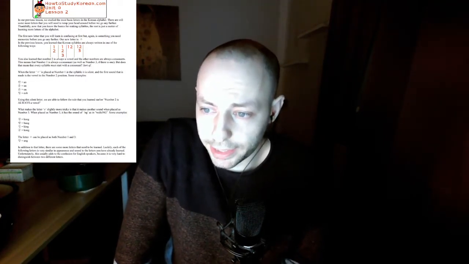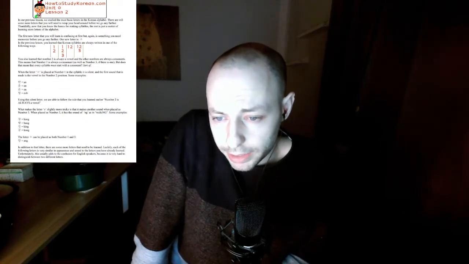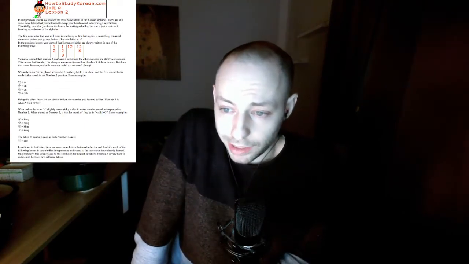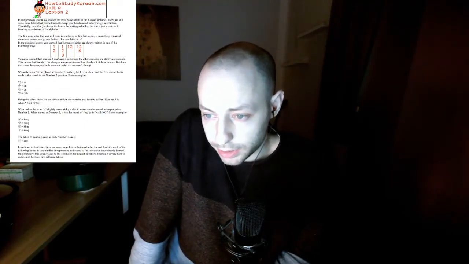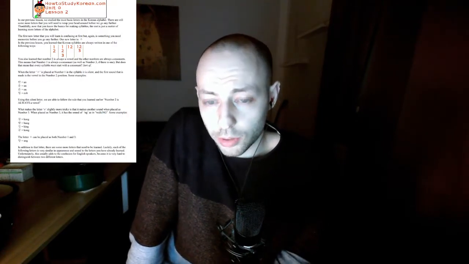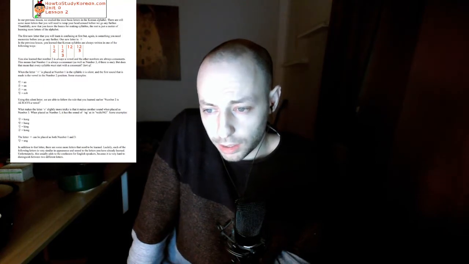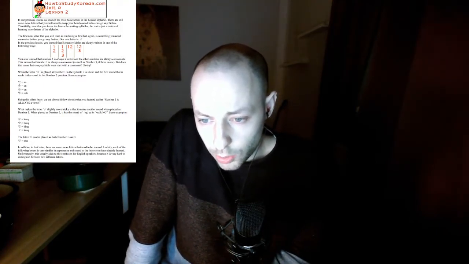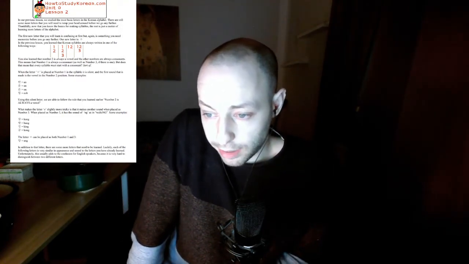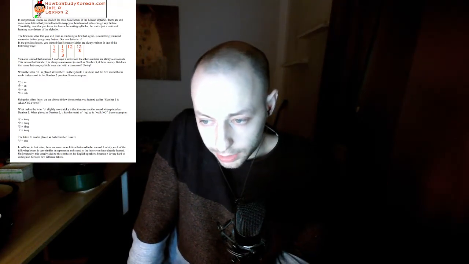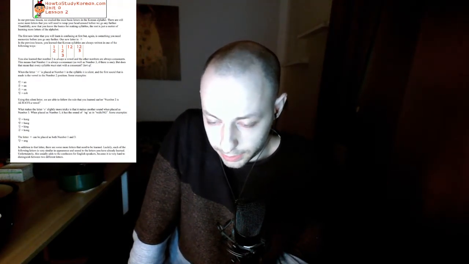Our new letter looks like O. In the previous lesson you learned that Korean syllables are always written in one of the following ways. You also learned that number 2 is always a vowel, and the other numbers are always consonants.